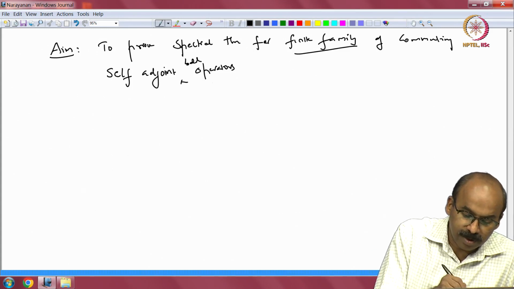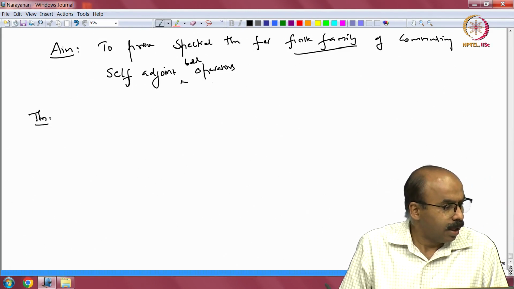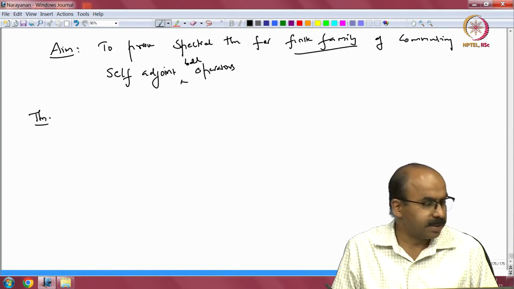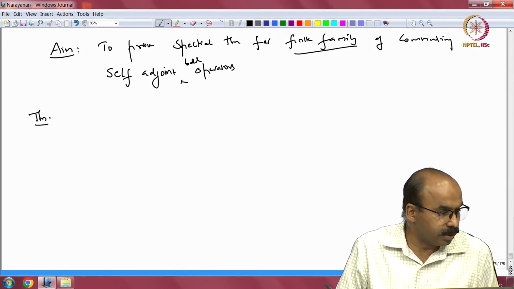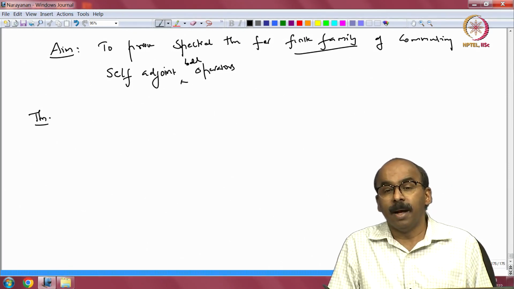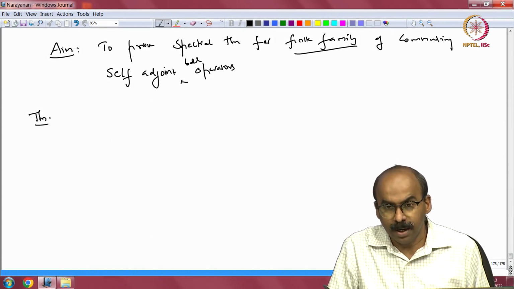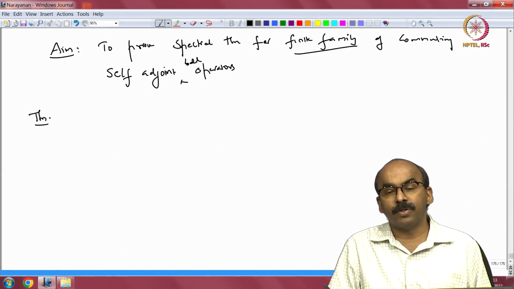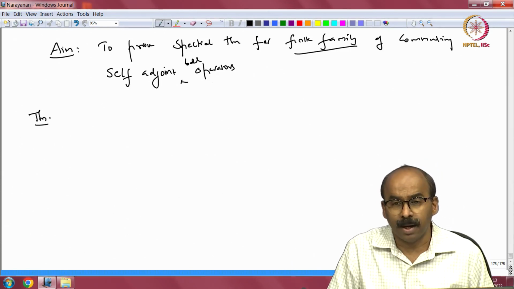So, let us start with the first one. Theorem: first we will do the spectral measure version, where we identify the operators as multiplication operators. So, in the case of a single operator, if A was a self adjoint operator, we realize it as multiplication by x with respect to some measure.